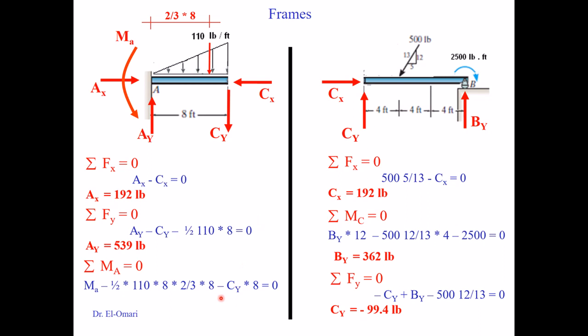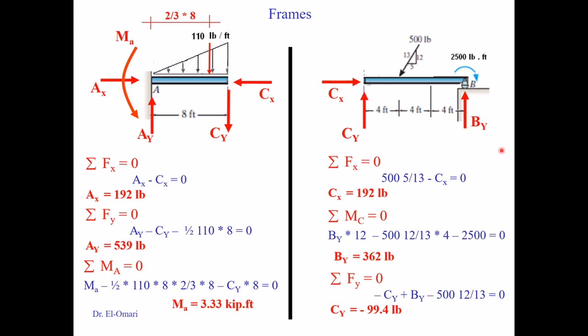So this negative sign is the sign for the rotation, and then you substitute only with the 99.4 because we changed the direction of the force. Finally, calculate, and you get the moment reaction at the support at A, 3.33 kip foot or kilo pound foot.